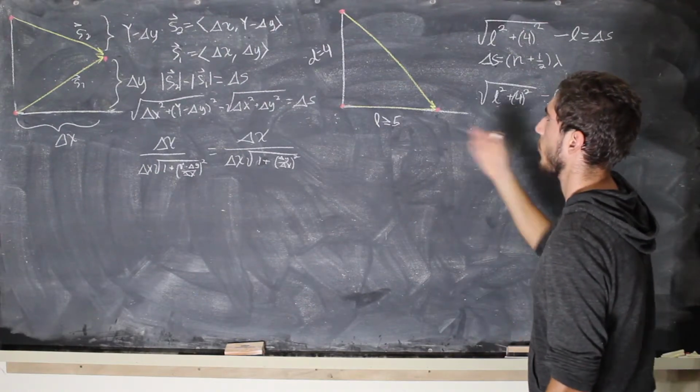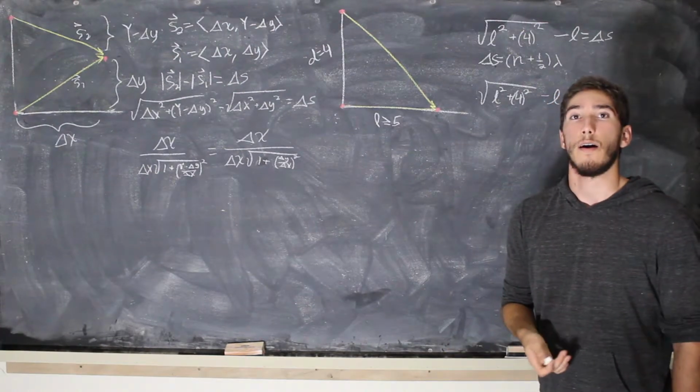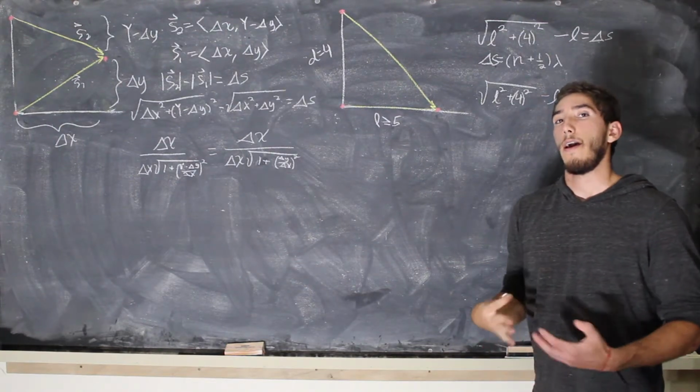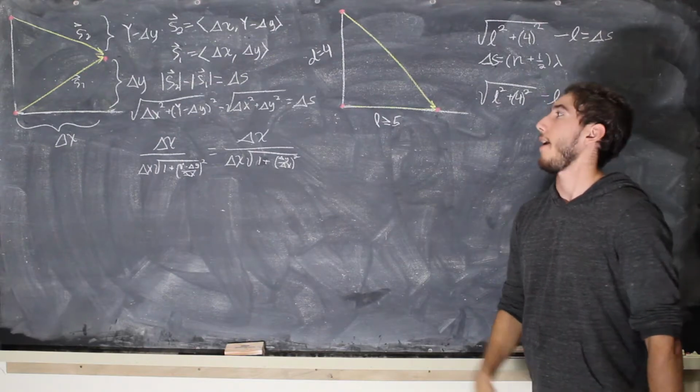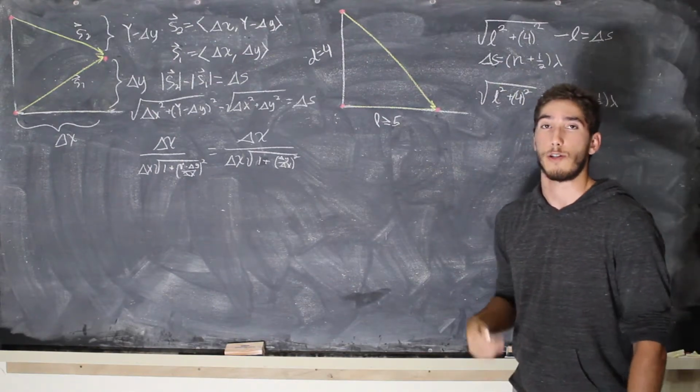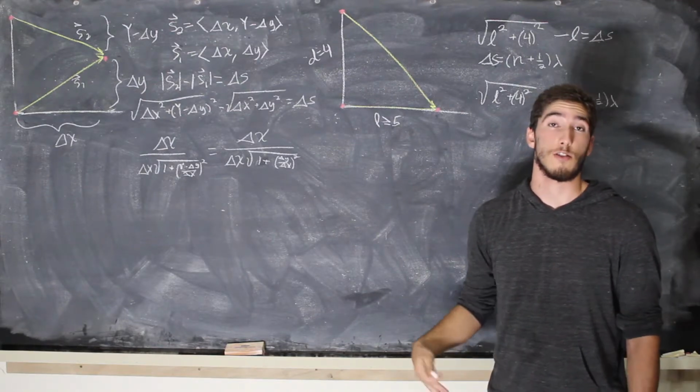Now since we are moving away, we can go an infinite distance, and we know that at an infinite distance, our change in s here is going to get very small, or in other words, n is going to go to 0.